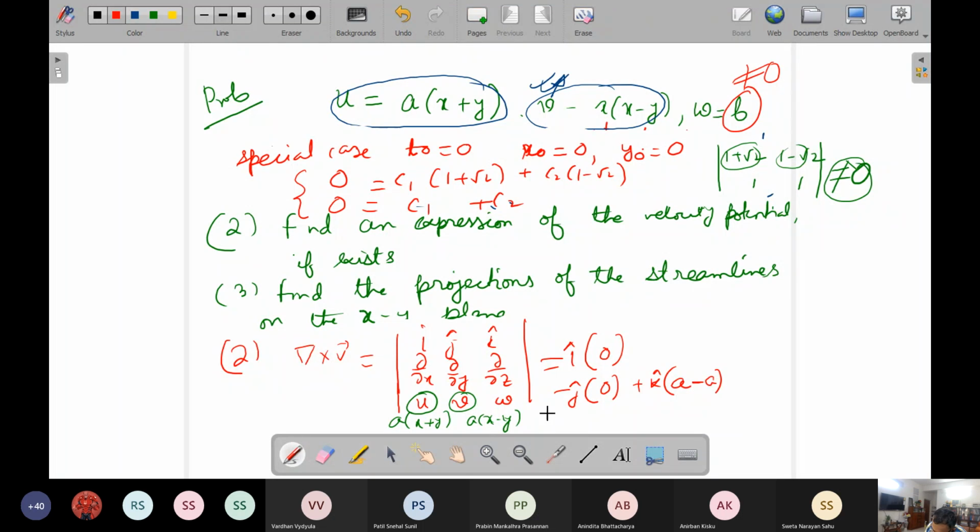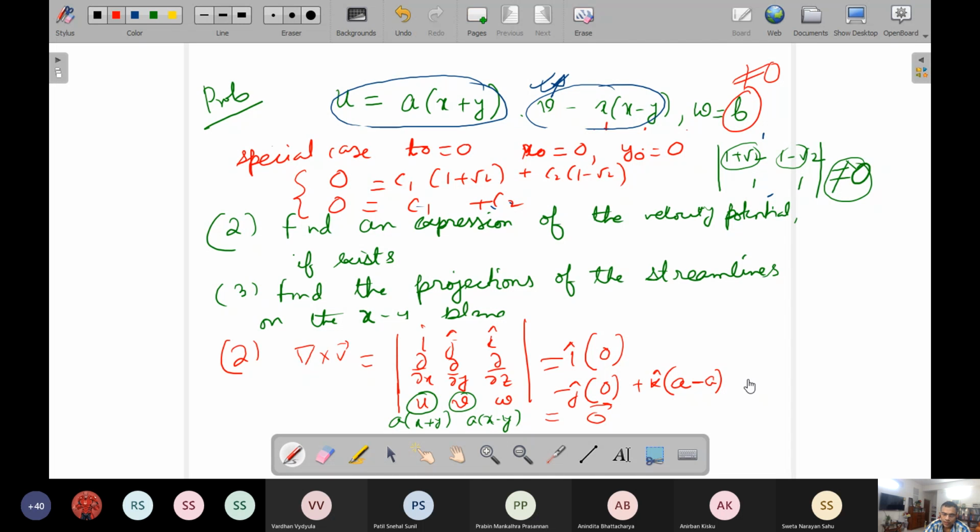So that means this is a null vector, all the components are 0. That means it is irrotational flow. So for irrotational flow, the velocity potential will exist.